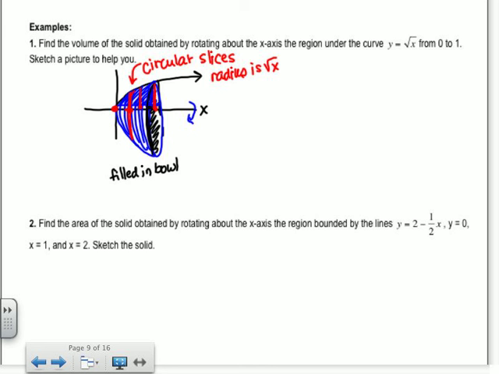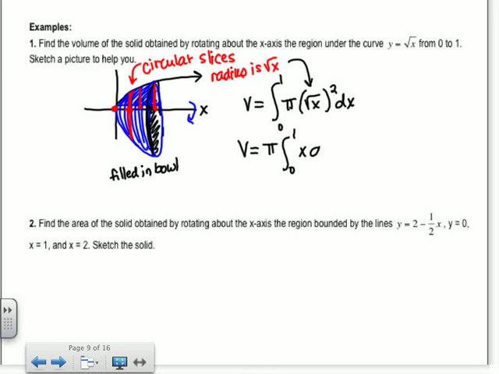So when I'm finding the volume, I'm going from 0 to 1 for my x's. I have pi times my radius squared, so the square root of x squared, dx. So I'm adding up all of those circular sections. You can pull the pi out to the front.